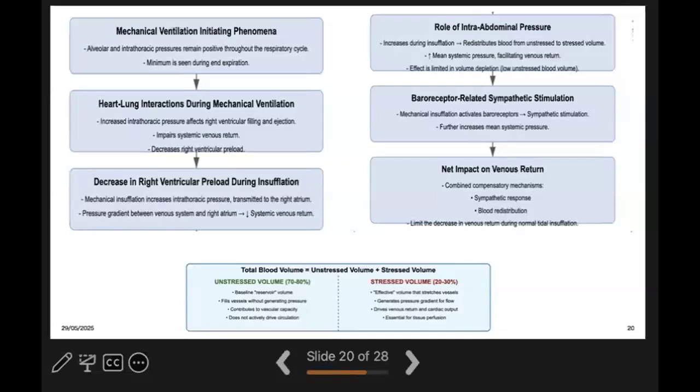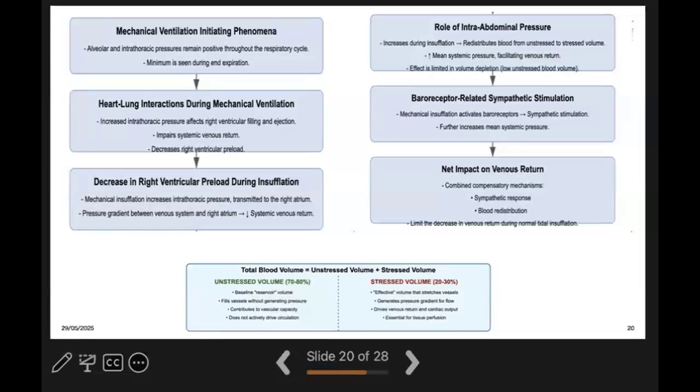So overall, in a mechanically ventilated patient, when things are okay, when the lung compliance is okay, when you're giving an optimal PEEP, when the cardiac function is all right, then the counteracting pressures and the sympathetic system will try to match the reduced venous return and try to increase it. That is why we don't see gross changes in all patients who are mechanically ventilated, because the body's own mechanisms, the other pressures and the baroreceptor mediated mechanisms, will try to keep up the venous return.